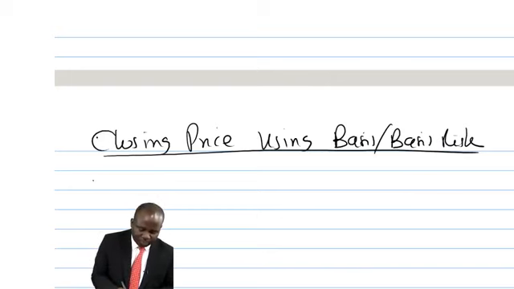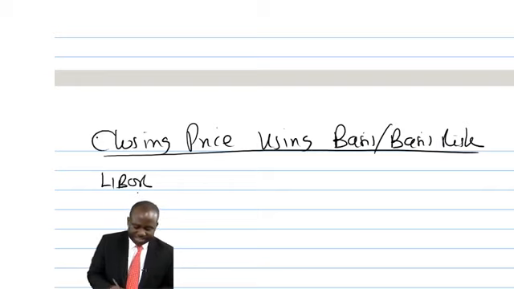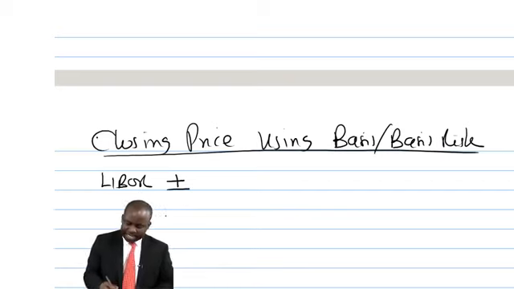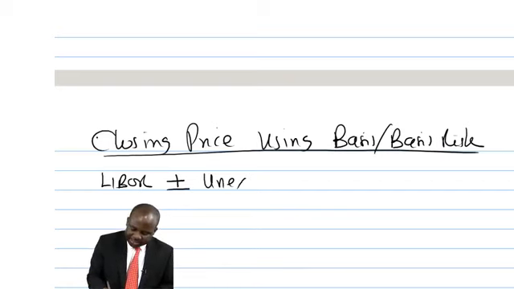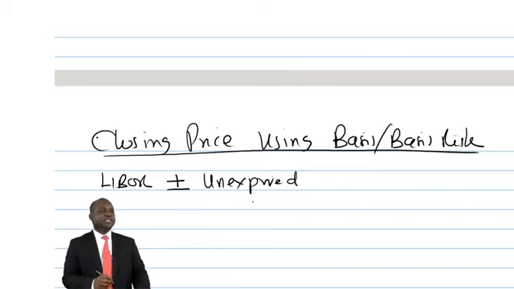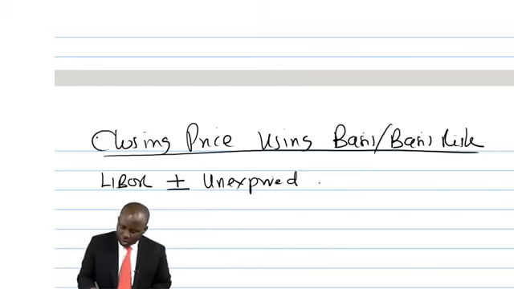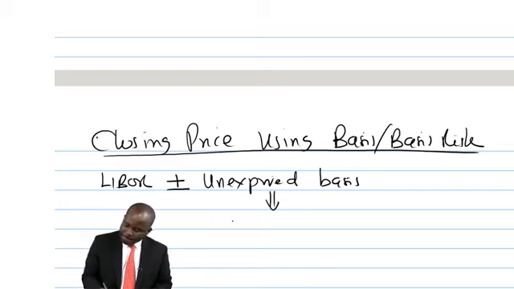The closing price is calculated as the LIBOR, which is the same as interbank rate, plus or minus the unexpired basis. And we've seen the unexpired basis as the basis now, which is the spot rate.